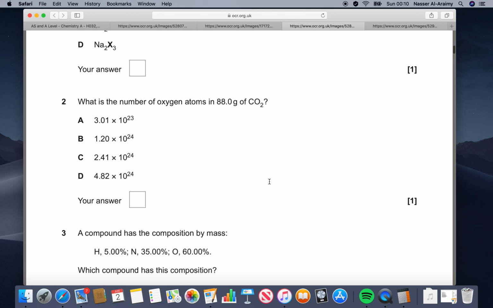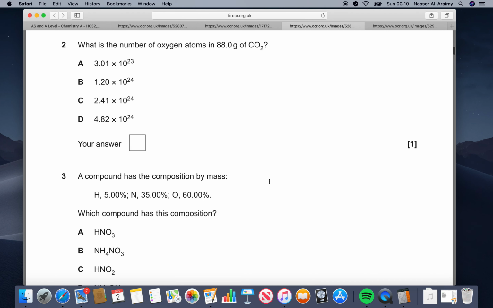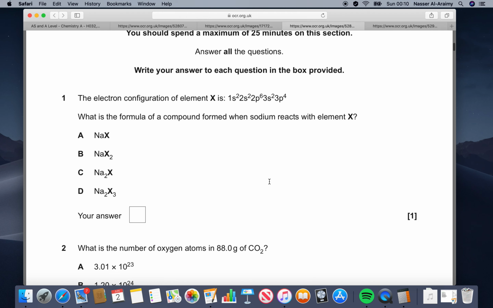Alright, so what is the number of element X? Yeah, this is a beautiful question. So here, obviously you know that the total number of electrons is the same as adding all of these up. 2 plus 2 plus 6 plus 2 plus 4.